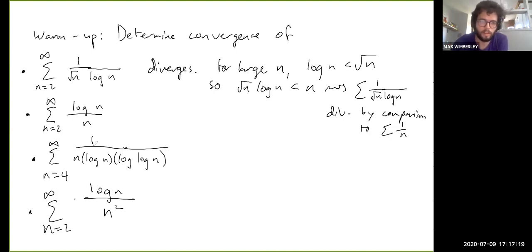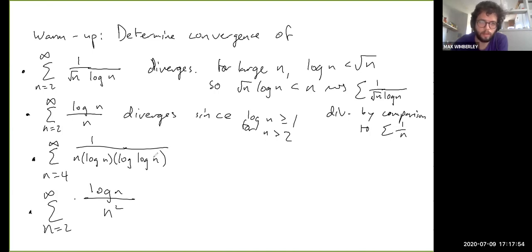But of course, for some of these, the integral test will actually be useful. This one is also pretty clearly divergent, since log of n is greater than or equal to 1, at least for n greater than 3, or greater than 2.